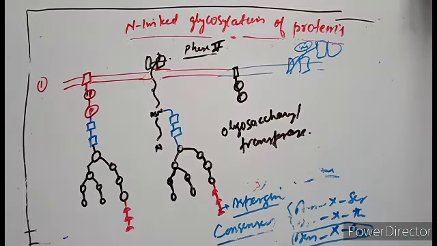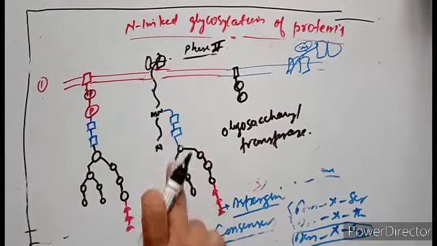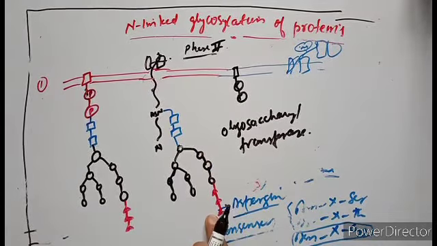Okay, so immediately after the oligosaccharide is transferred to the nascent polypeptide, all the 3 glucose residues and one particular mannose residue are removed by different enzymes.